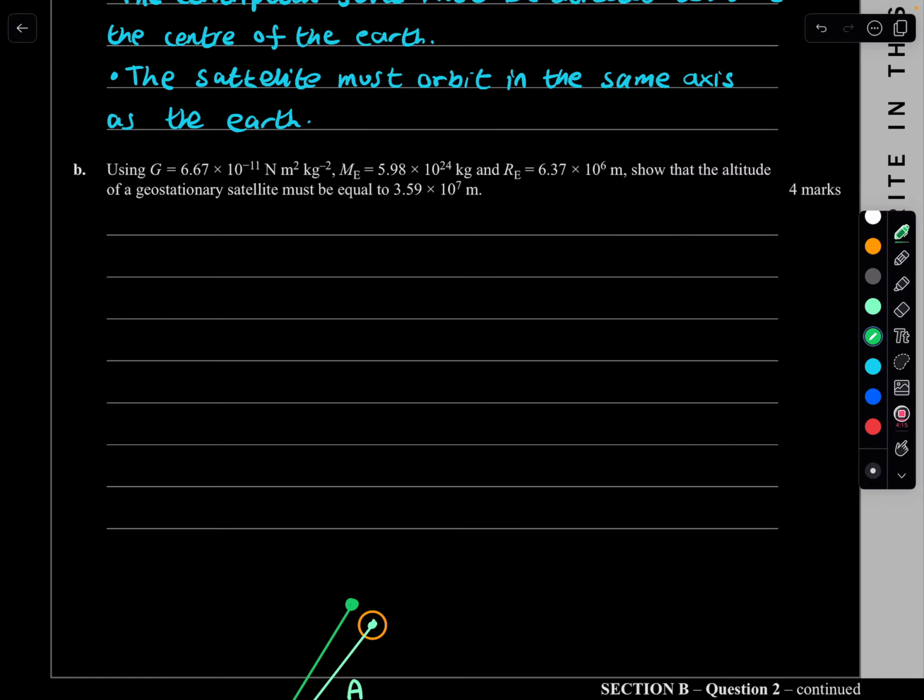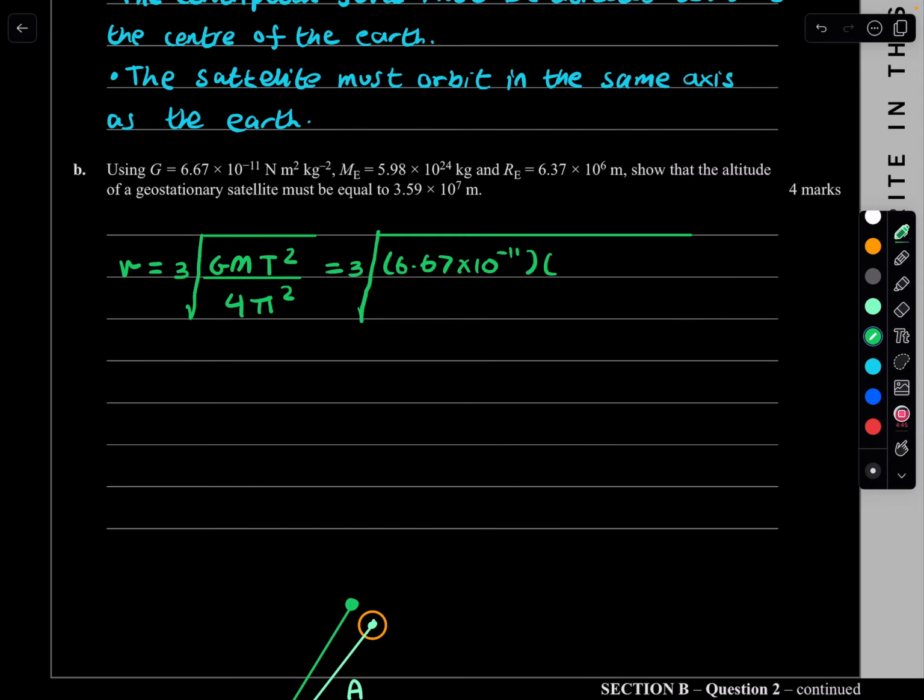So R is equal to the cube root of GM T squared over 4 pi squared. So that's going to be what? G is 6.67 times 10 to the negative 11.